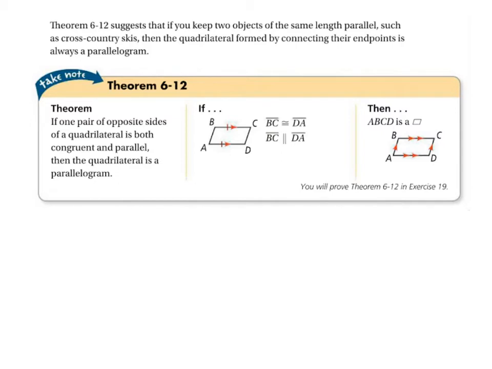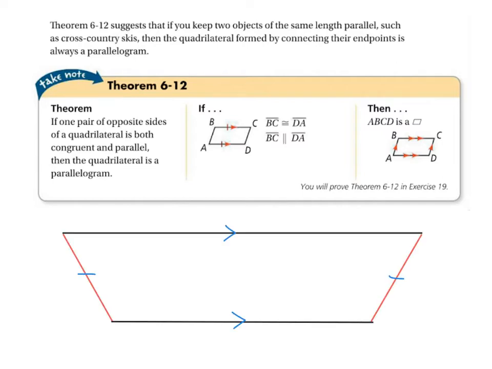Okay, so going this way, what we're basically saying is we don't need to know that both pairs of sides are parallel and both pairs of sides are congruent. But what we do need is that it's got to be the same pair of sides for both conditions, parallel and congruent. Here's an example of a quadrilateral where each pair of sides has one characteristic.